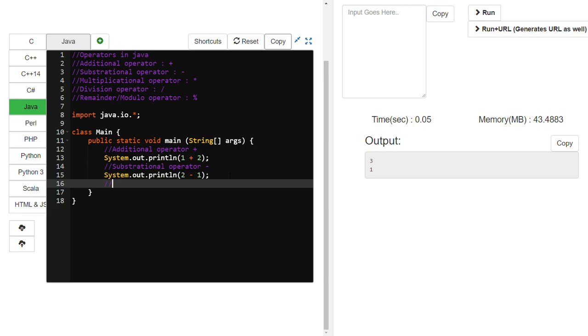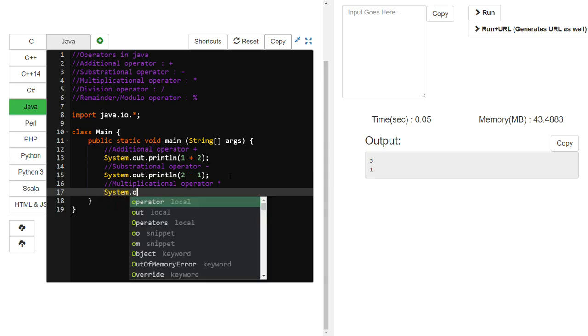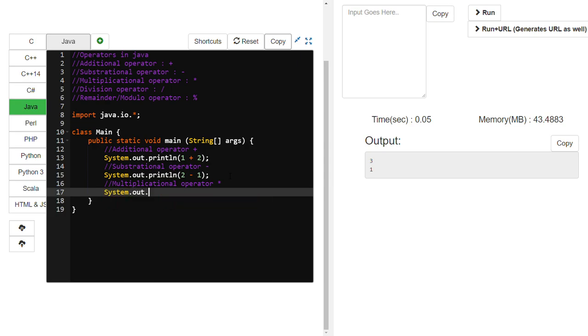Next one is multiplication operator. There is star. System.out.println, here is 1 into 2. 1 into 2 is 2.